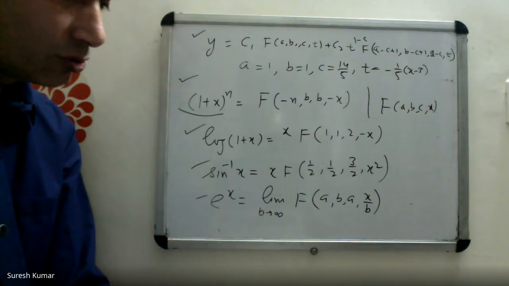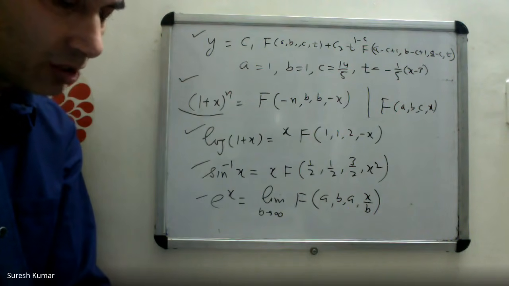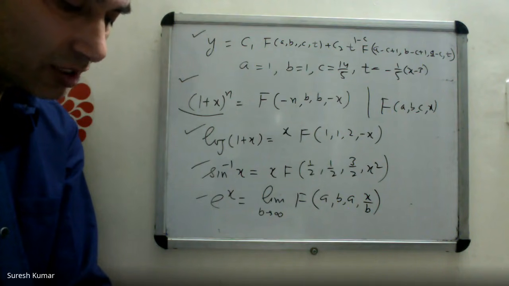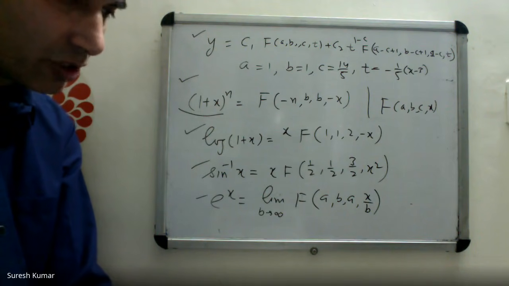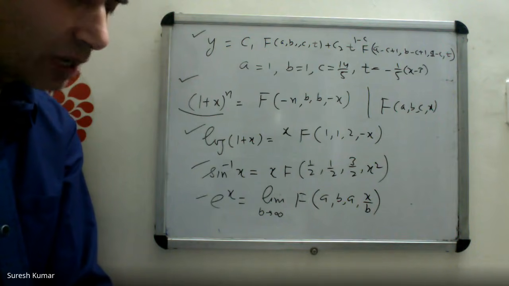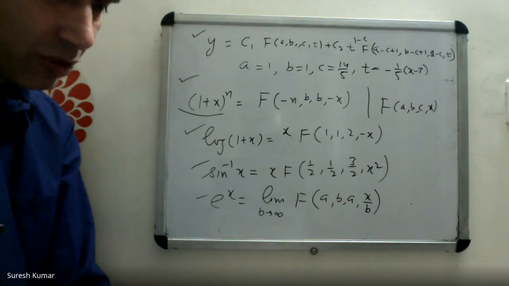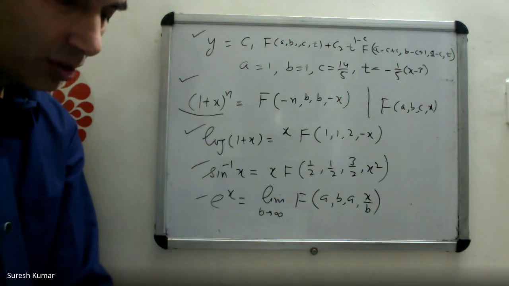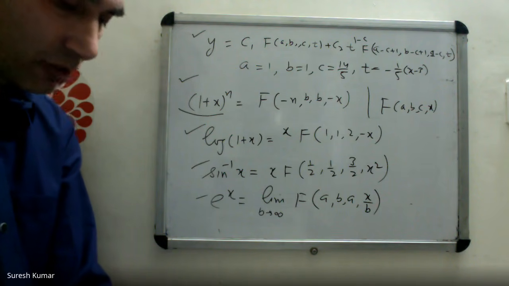I've told you, with y double prime, it is (x minus a)(x minus b). With y prime, it is linear in x. With y, it is constant. That kind of differential equations can always be converted into a hypergeometric differential equation. Once it is hypergeometric, you know the formula for the general solution.